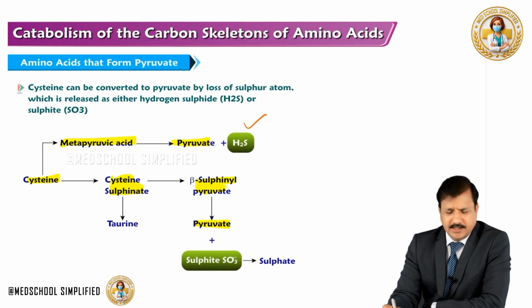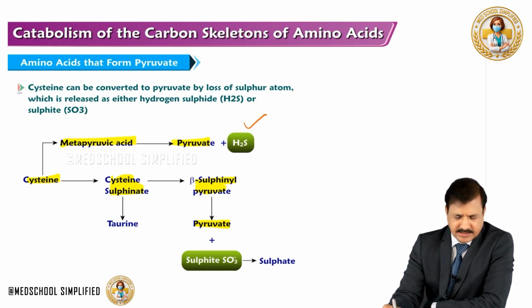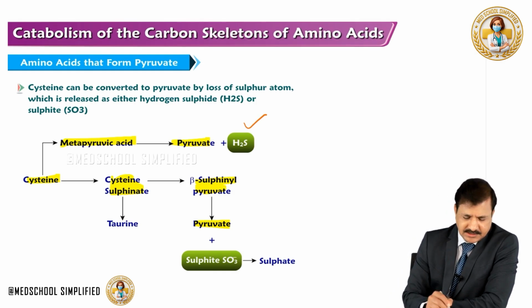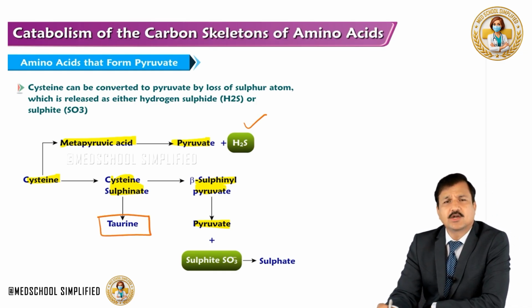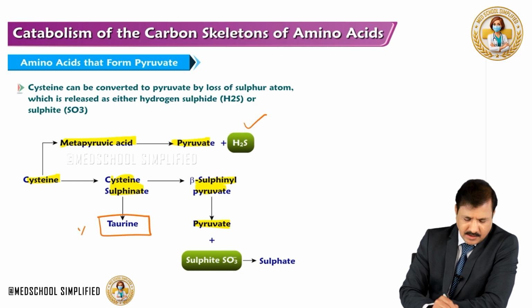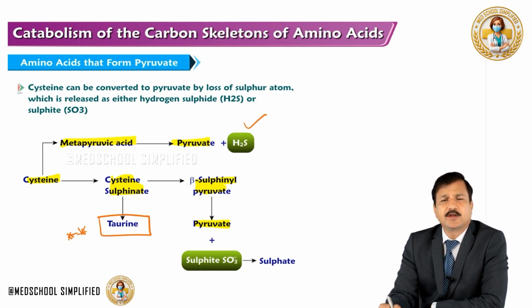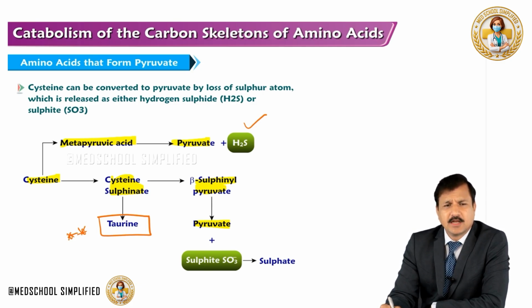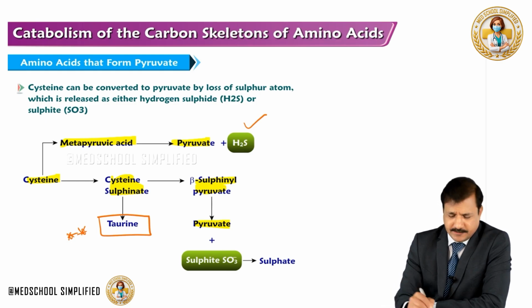One of the intermediates in this process is cysteine sulfinate, and it can go towards taurine formation. So cysteine is the one that gives taurine upon catabolism of its carbon skeleton. Now what is the importance of taurine?